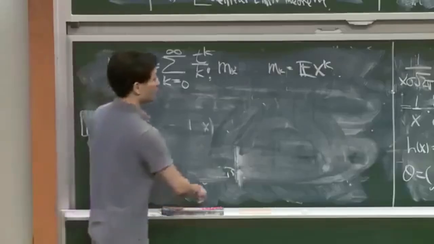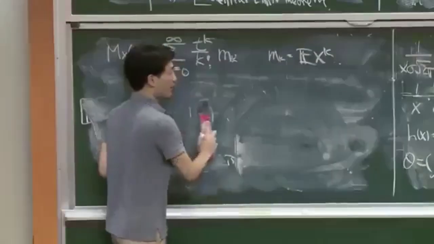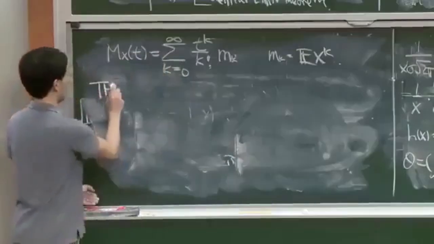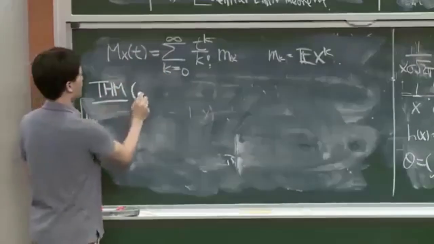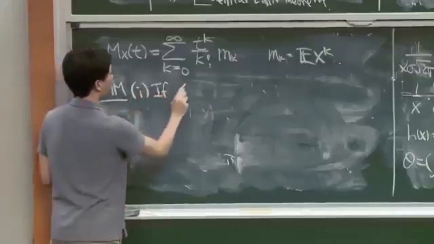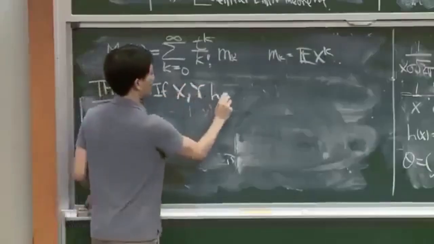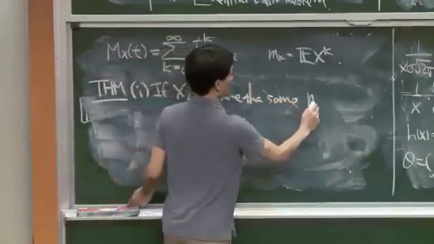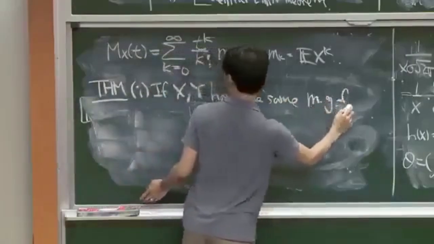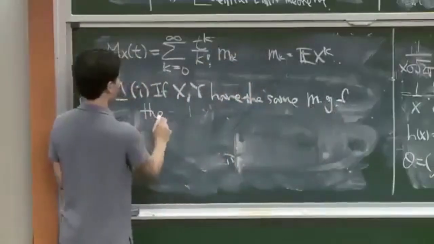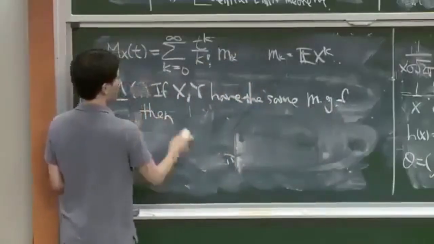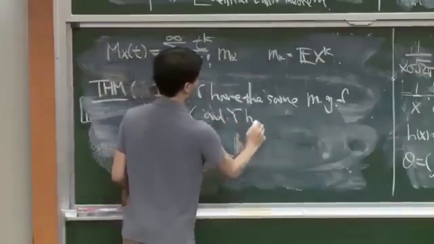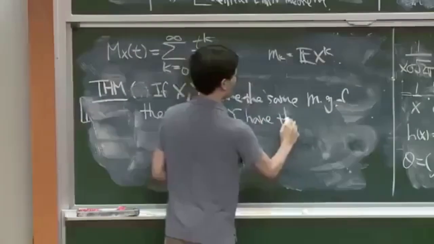So if the moment generating function exists, it pretty much classifies your random variables. If two random variables, x and y, have the same moment generating function, then x and y have the same distribution.